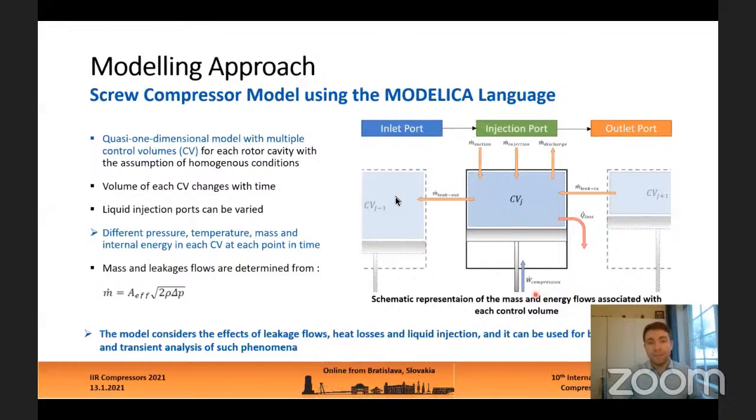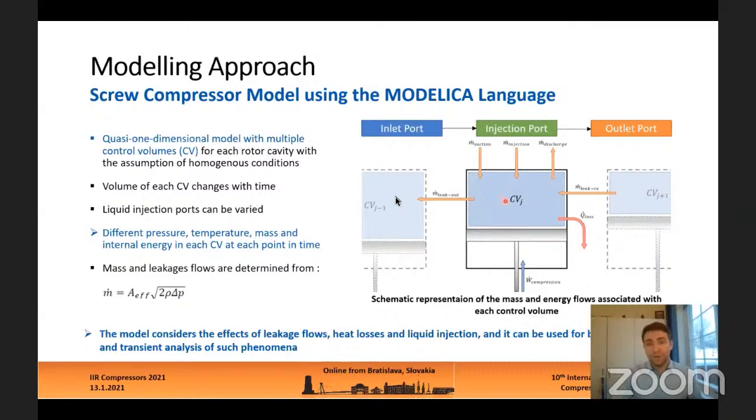And of course, mass and leakage flows are determined. So we have leakage flows going backwards to the following cavity due to the pressure difference mainly, and the area we have in between, for instance, the rotor tips. And also we have the mass flows coming in at the suction and injection and going out as the discharge.